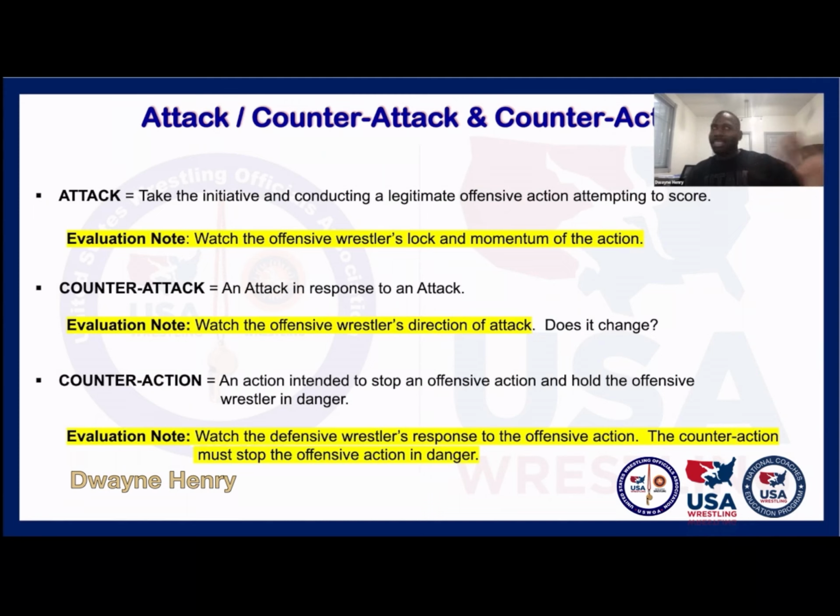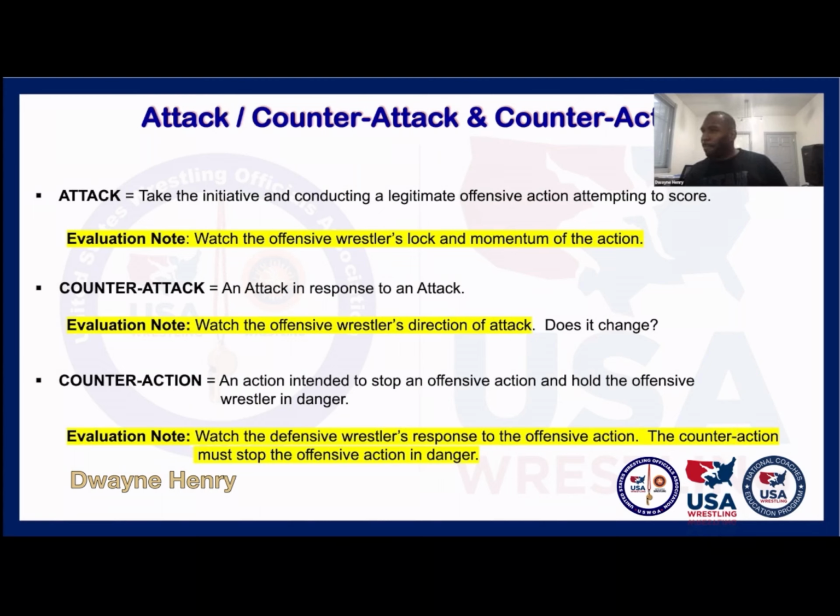There are dozens of times where I didn't like the situation, but understanding attacks, counterattacks, and counteractions helped me grind my teeth and get through the match, even though it's not in my best interest score-wise, but understanding what things should look like in the flow of a bout.